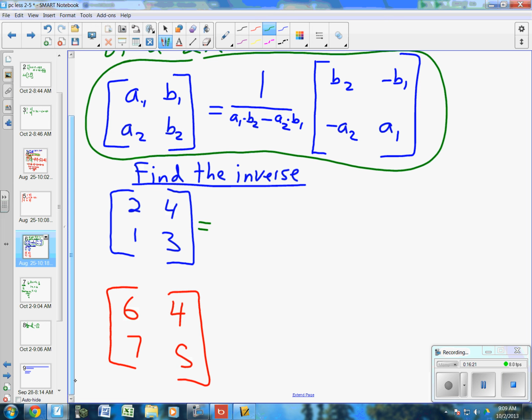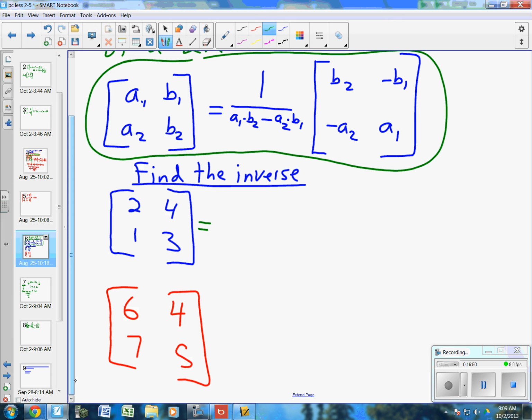We got to find the inverse of this matrix 2, 4, 1, 3. I'm going to show you number 1 here, the first one, and then I'm going to let you guys do the second one on your own. Okay, are we ready?